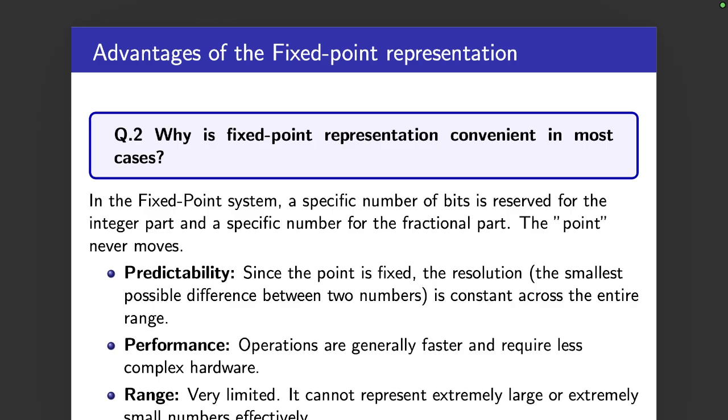Performance: operations are generally faster and require less complex hardware in the computer. The range is very limited; it cannot represent extremely large or extremely small numbers effectively.